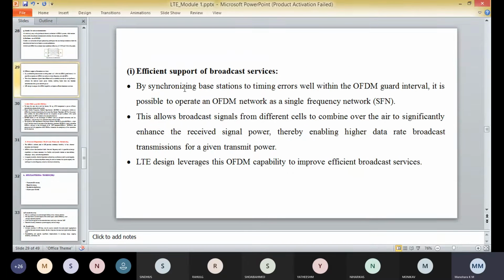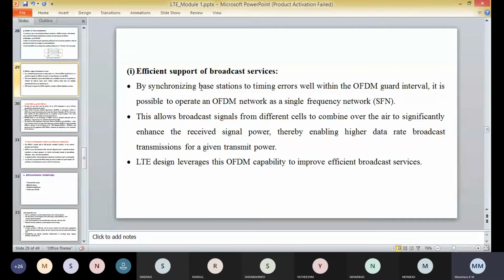And the last one we have is the efficient support of broadcast services. By synchronizing the base stations, it is possible to operate an OFDM network as a single frequency network.